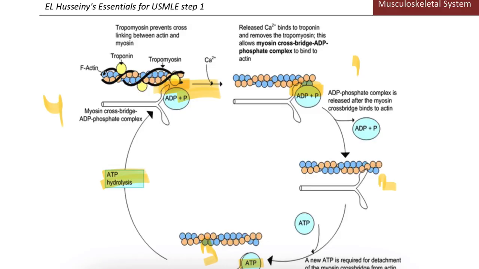Calcium binds to troponin C, causing tropomyosin to move and exposing the myosin binding sites on actin. So as long as calcium is present and ATP is also available, the cycle continues.